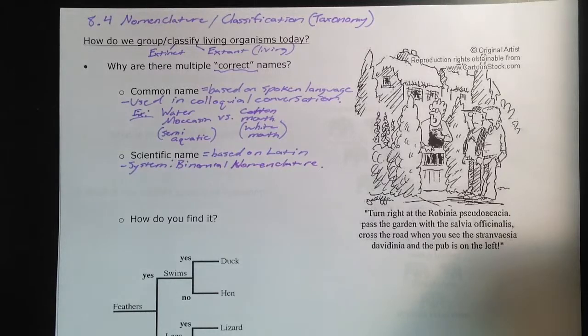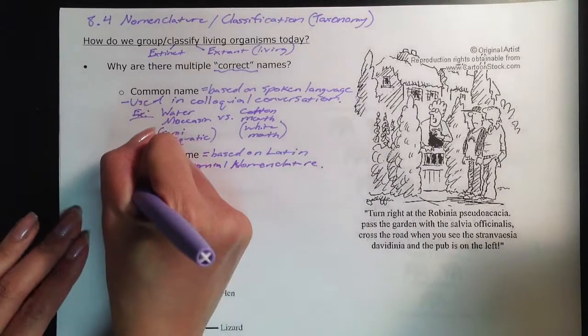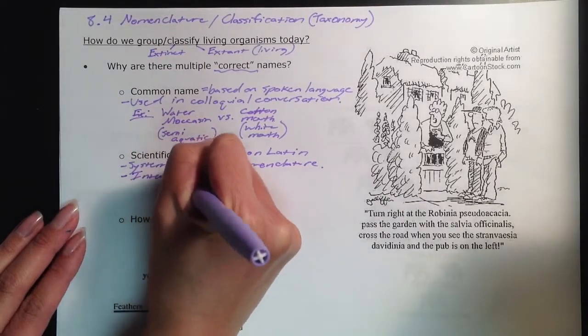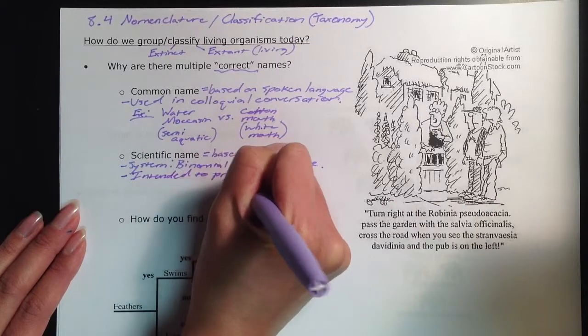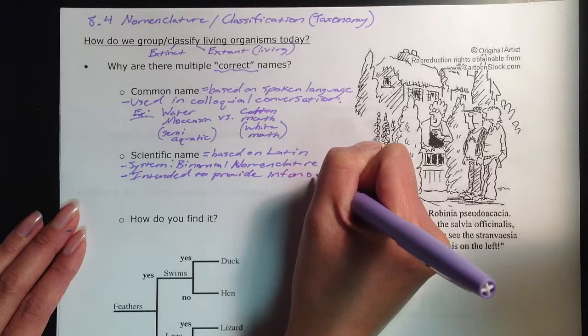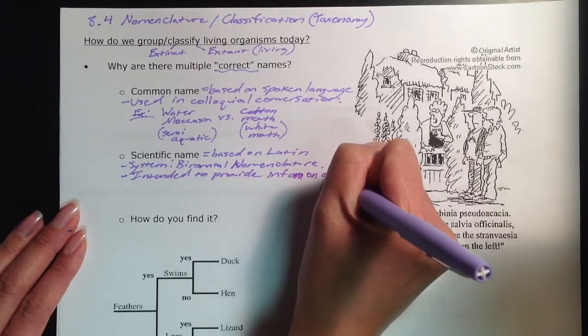This binomial nomenclature was actually developed by Linnaeus, and with the Latin language, this is intended to provide us with more accurate information on the organism.